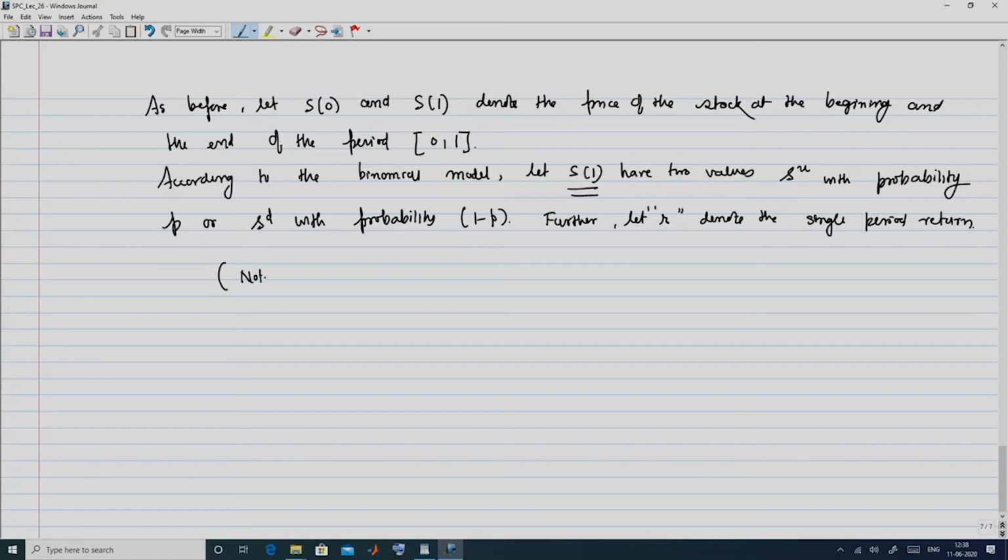Just to note that SD is less than SU, and this must sandwich 1 plus R into S0. This means that if you invest an amount of S0 in a risk free asset, it will go up to the value of S0 into 1 plus R at time 1, and this must lie between the lower value of the stock SD at time 1 and the higher value of the stock SU at time 1.